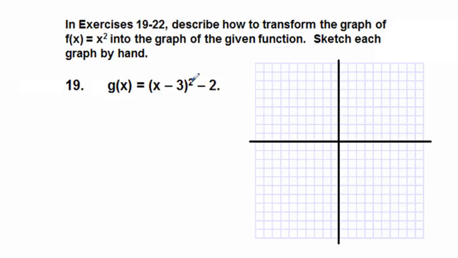Well, x minus 3 translates right 3 units, and also translates down 2 units.